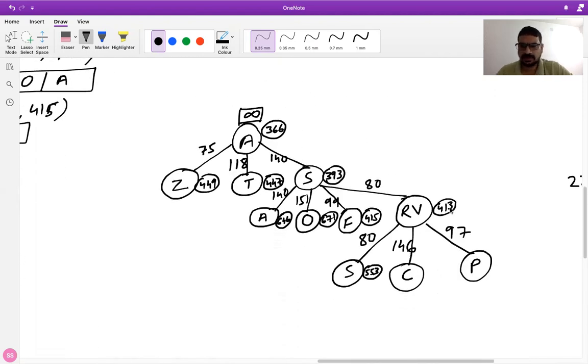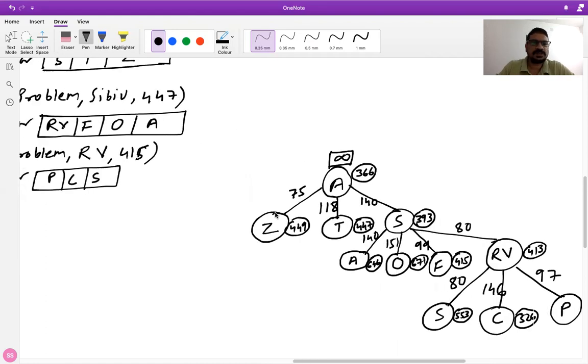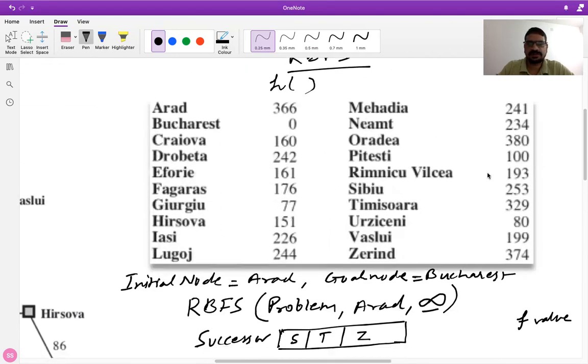Is 526 greater or 413 greater? 526 is greater. Now Pitesti: again 220 plus 97 plus the heuristic value for Pitesti, which is 100.